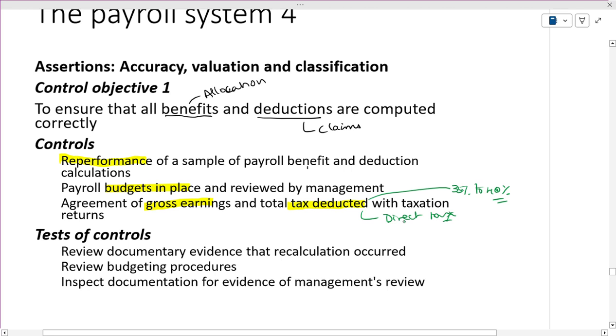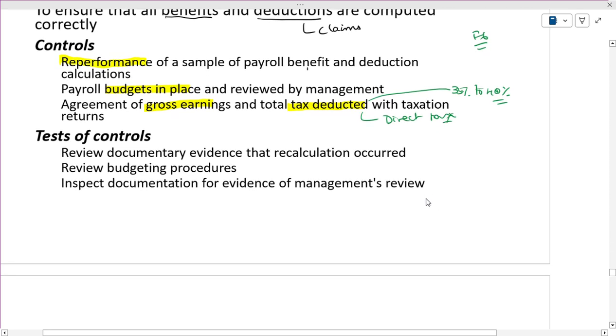If you have done taxation F6, then you will know what the standard deductions are, how much your benefits are, and any tax deduction for the individuals. Now what you are doing is checking whether there is documentary evidence, black and white on paper or soft copy, about recalculation.